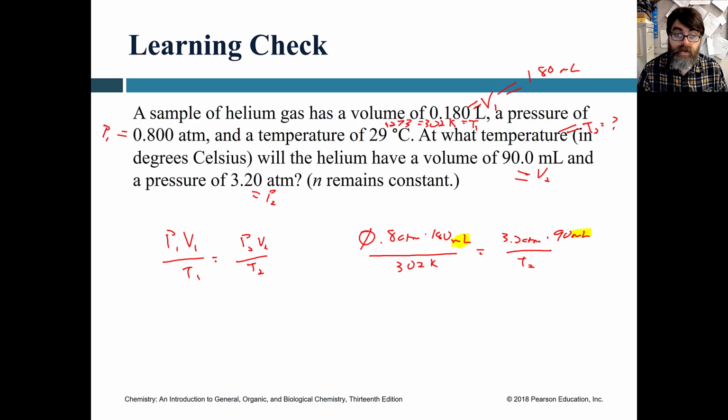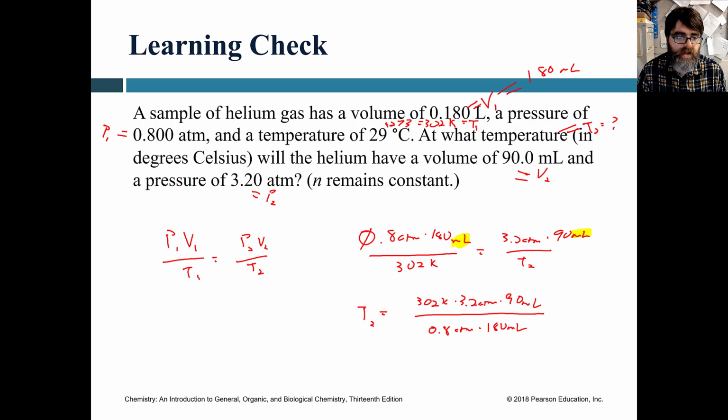And now our units do match, and so then they're going to cancel out properly when we go to do the math here. And I'm going to do a little bit of the rearranging in my head here, but we'll end up with temperature 2 is equal to 302 Kelvin times 3.2 atmospheres times 90 milliliters over 0.8 atmospheres times 180 milliliters.